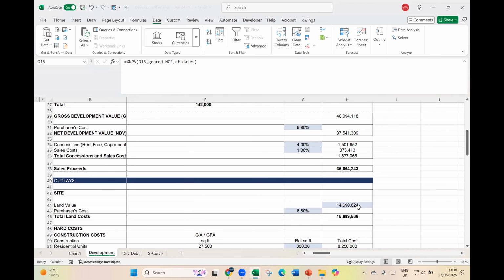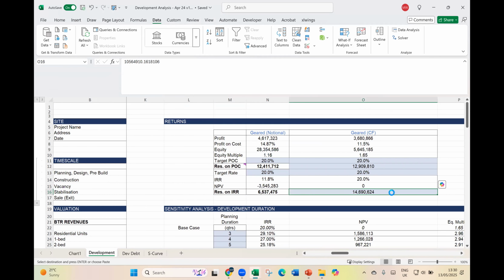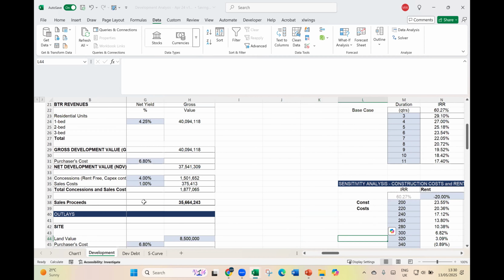There you go, and then you found that you have 14.6 million as your residual land value. Then you have to copy and paste there. That's a little bit of the inefficiency of Goal Seek: you need to calculate based on your initial inputs, and then you have to go back and change it back again.